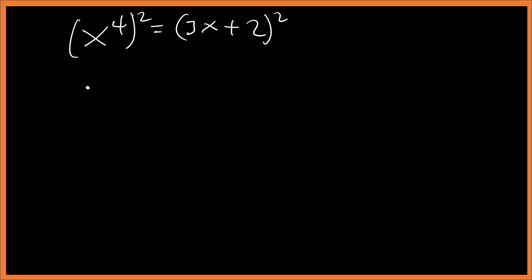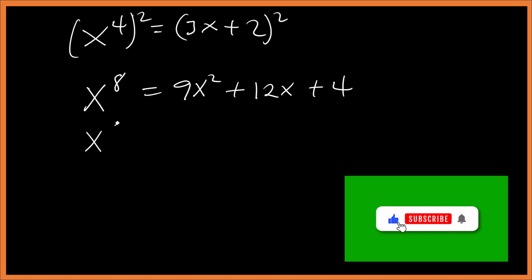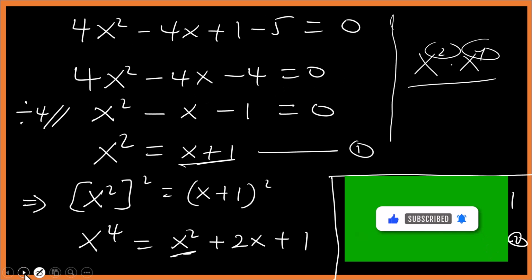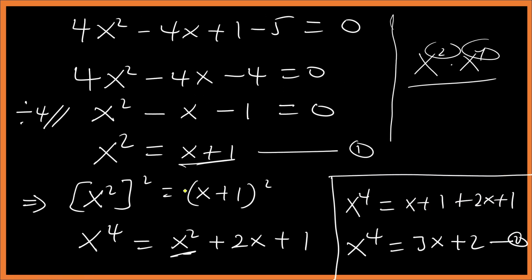So this side is x to the power 8, 4 times 2 is 8. So we have 9x squared, 2 times 3 times 2 is 12x, plus 4. So for x to the power 8, we know x squared is x plus 1.